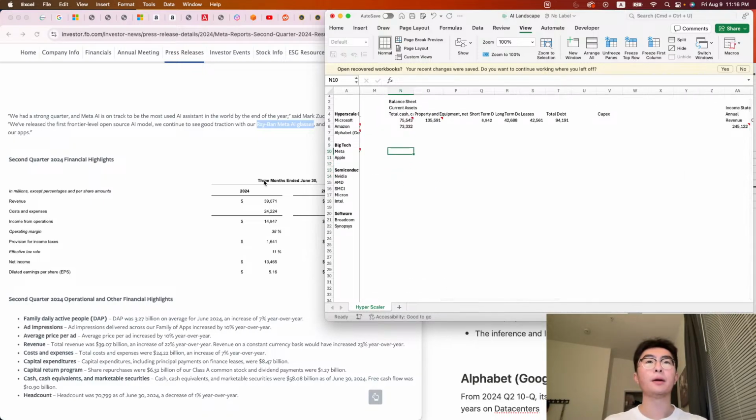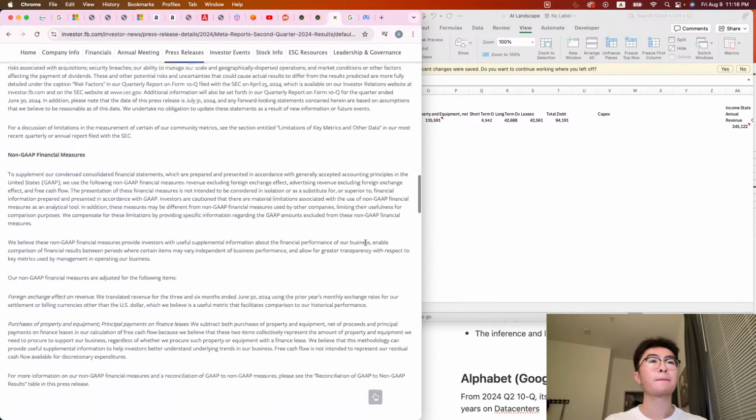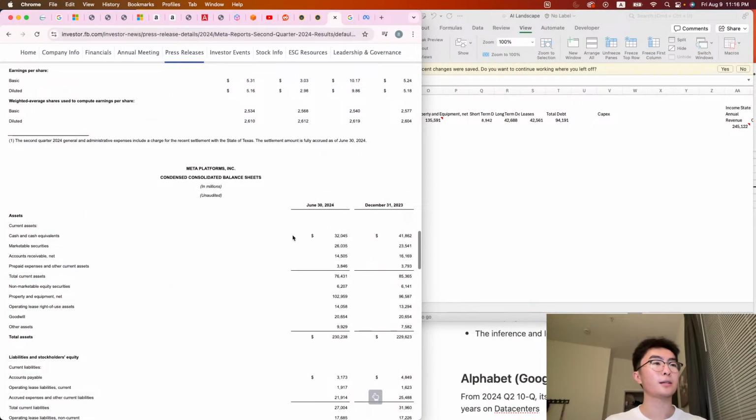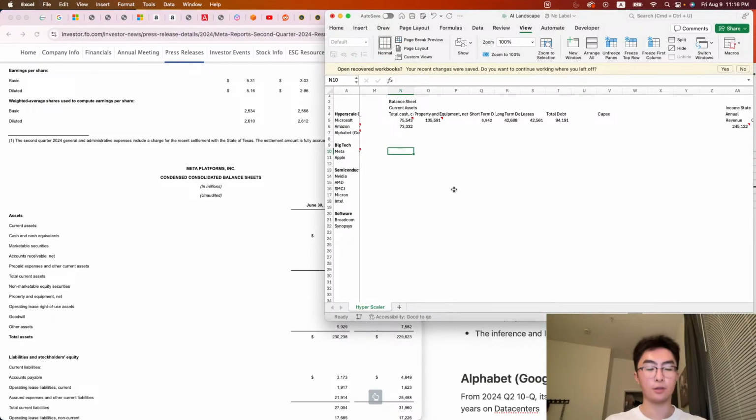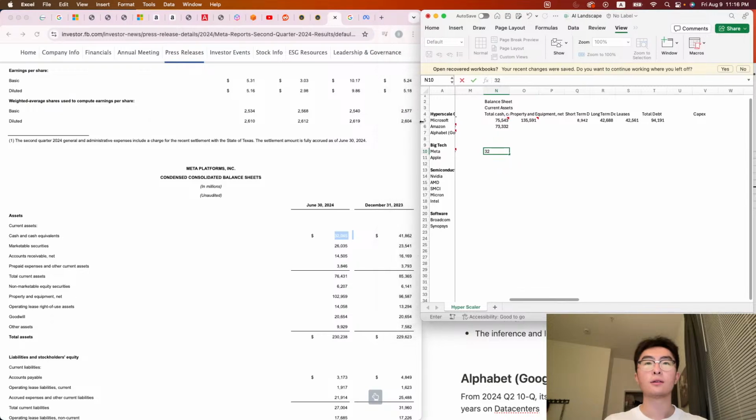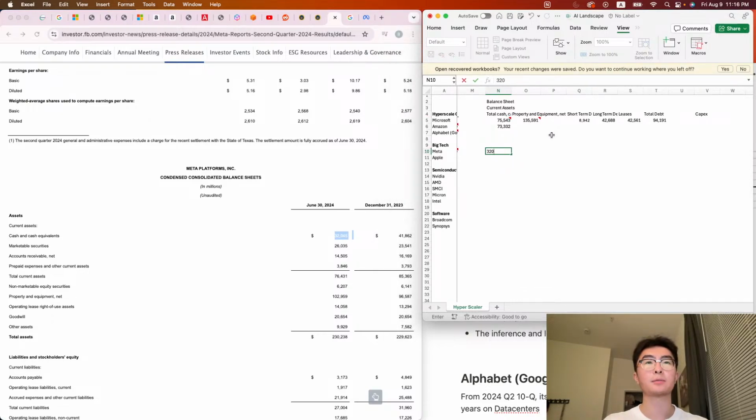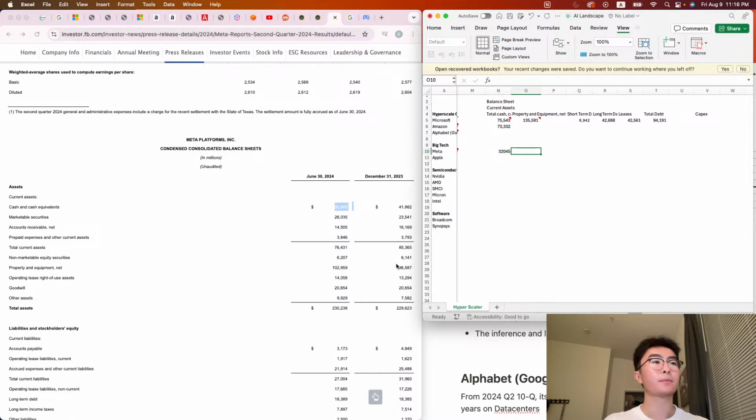Okay, Meta, let's take a look. Current assets, cash, cash equivalents, marketable securities. So this is a bit down, I imagine, from their CapEx spend. Property and equipment, net, so 102,959.